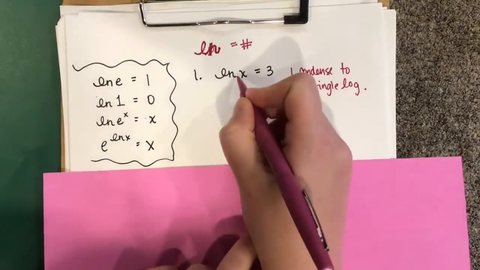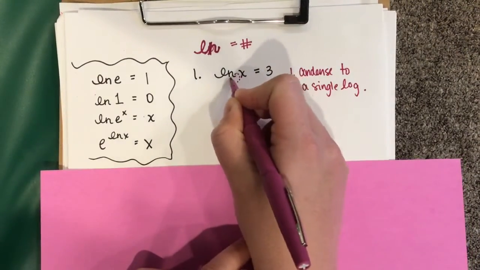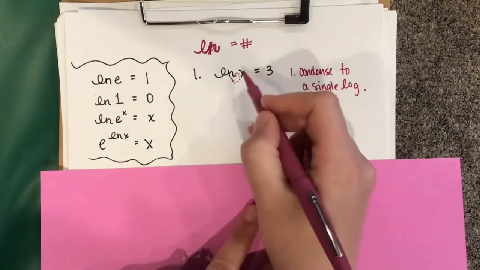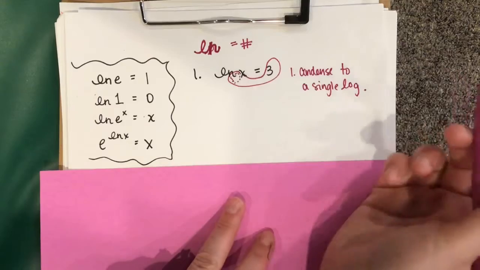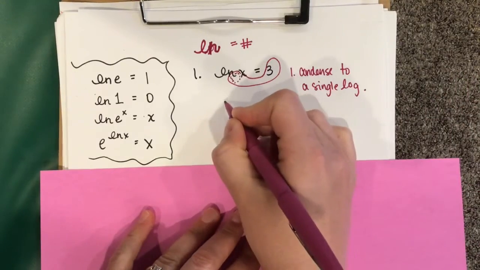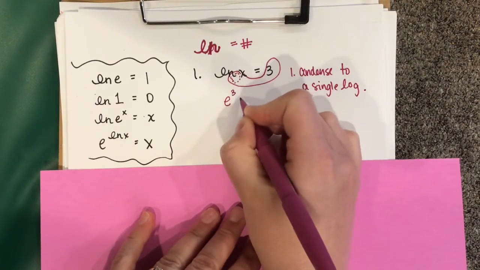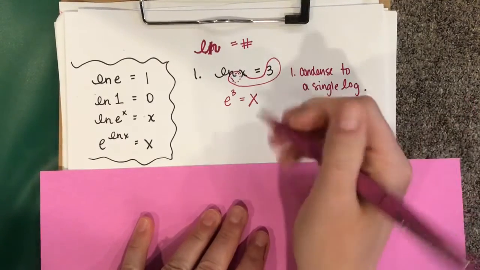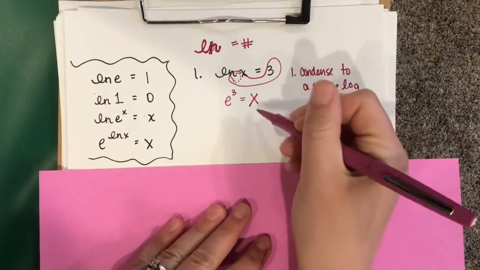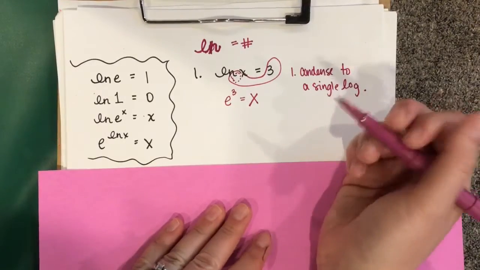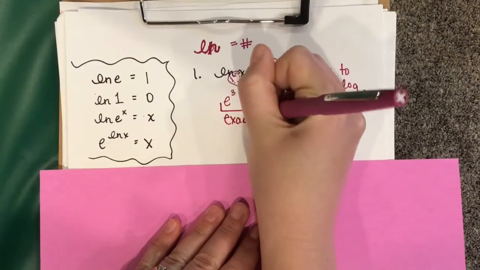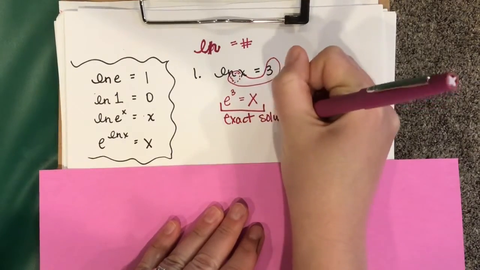Remember, down here, we have that hidden base. That hidden base is the number e. So if you were going to canoe this to switch it to exponential form, we end up with e to the third equals x. Well, e to the third is a number, and x has been solved for. It is by itself. So this would be the exact solution to the problem.